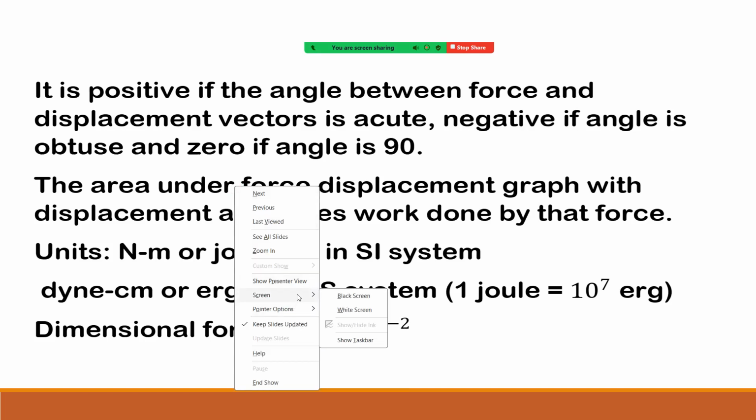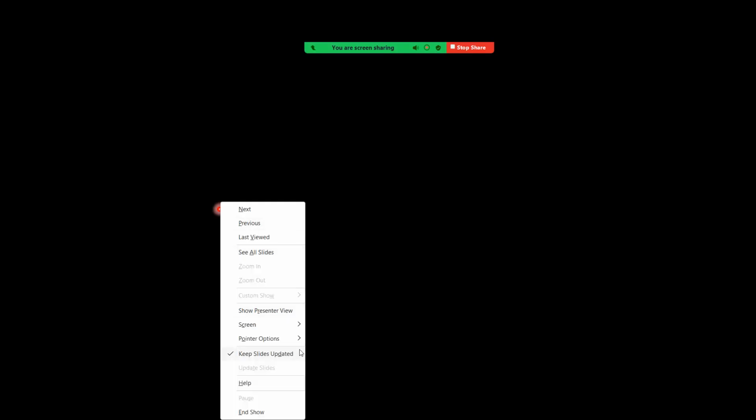See carefully how we get this dimensional formula. Work done, if you take constant force, is F into S into cos of the angle. This is just a number. Focus on F and S. Force is mass into acceleration. Mass is capital M. Acceleration is meter per second square, that means L per second square, T power minus 2.